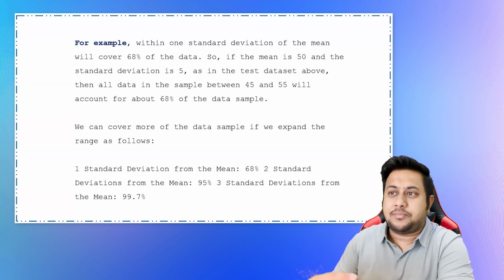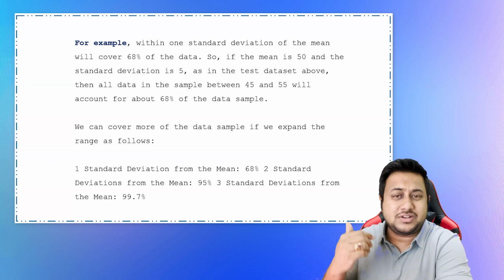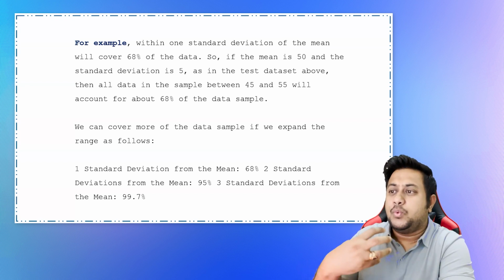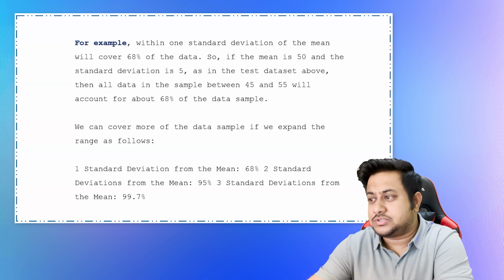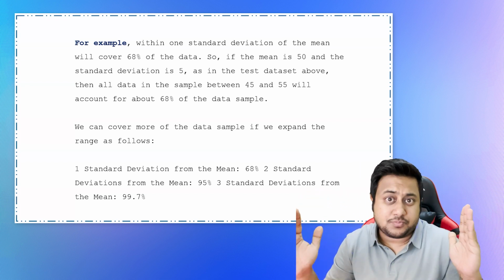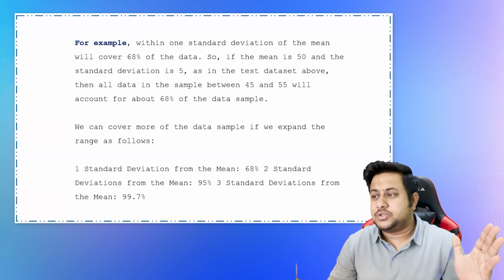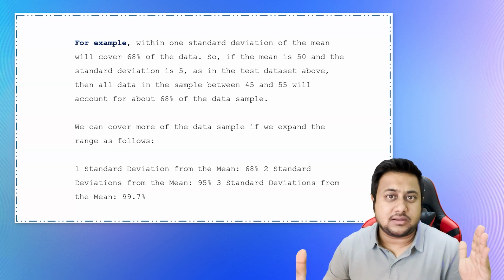As the test data above, then all the data in the sample between 45 and 55 account for 68% of the data. We can cover more of the data sample if we expand the range as follows. जैसे कि 1 to standard deviation से आप move करते हो plus minus 2 standard deviation, which will have 95% data. That means 40 से लेके 60 तक, right?